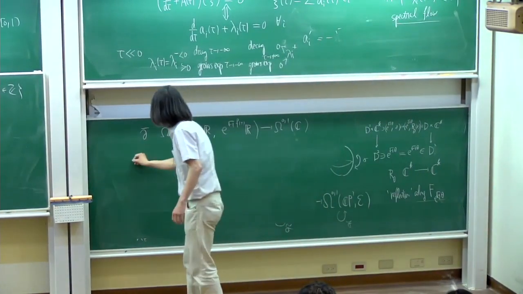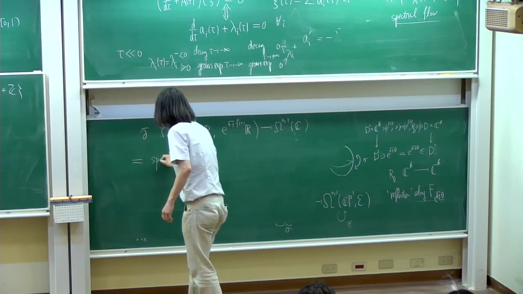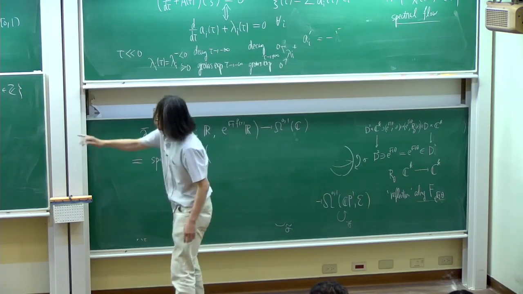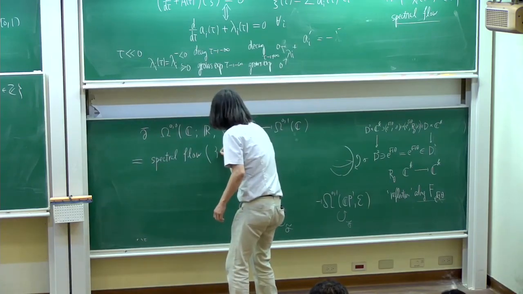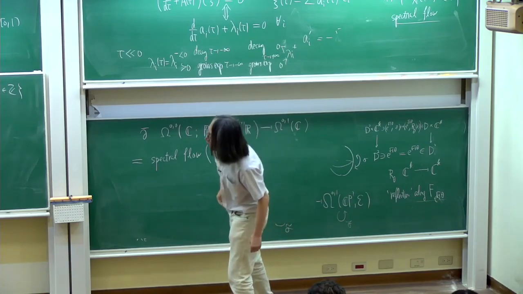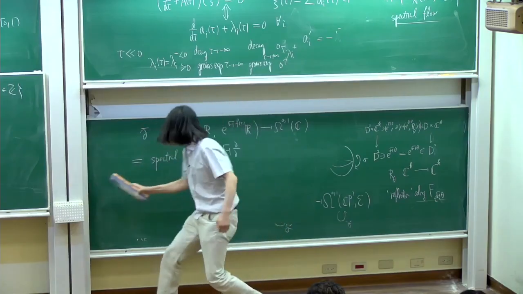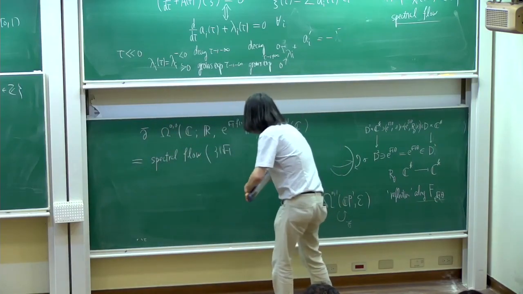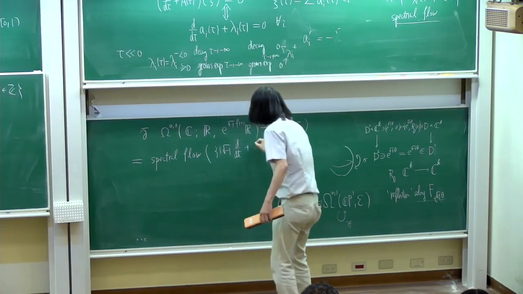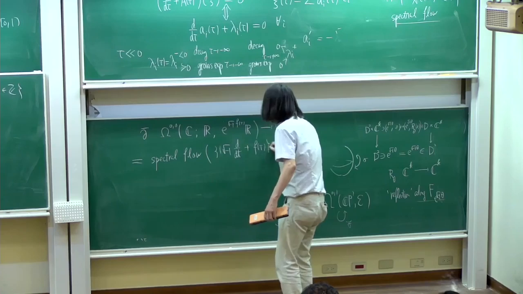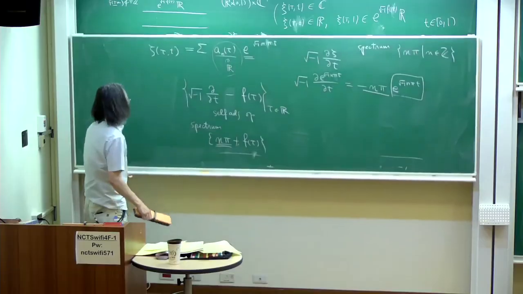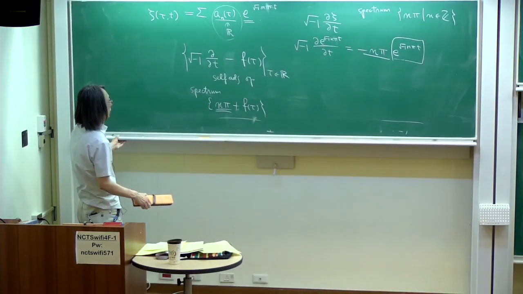And then this one is equal to the spectral flow of this family, square root minus 1 of d/dt plus f tau. Okay, so this is okay. And finally, I have to really see how it is.